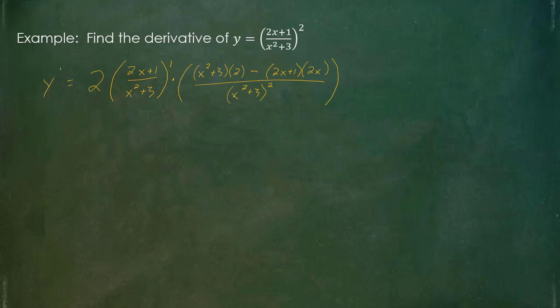So now let's look at what we have and see if there's anything that we can combine. It looks like right now we have the numerator of that longer part, the quotient rule part, that maybe I would want to distribute the 2 through. And I could distribute the 2x through this other one as well as the negative at the same time.